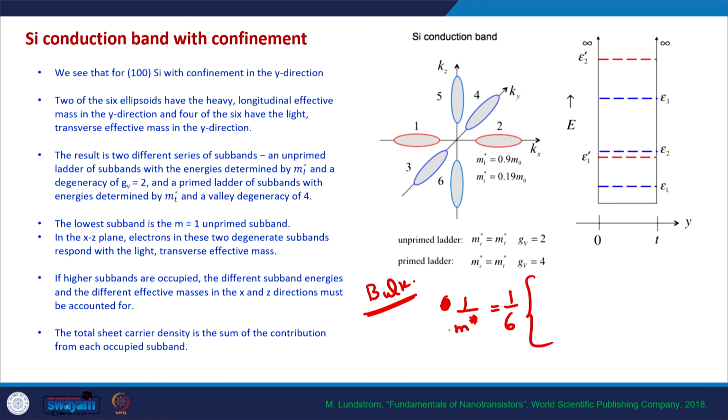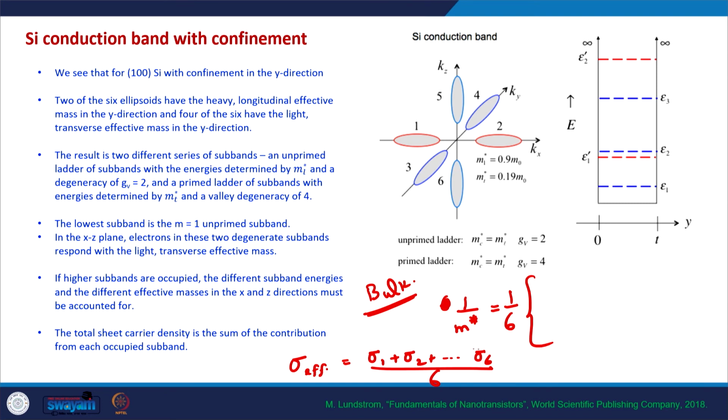the effective conductivity is sigma 1 plus sigma 2 plus up to sigma 6, divided by 6. It is the average of all the conductivities, and each of these conductivities is inversely proportional to the effective mass. So, this sigma effective can be written as 1 by m star effective, and all these.